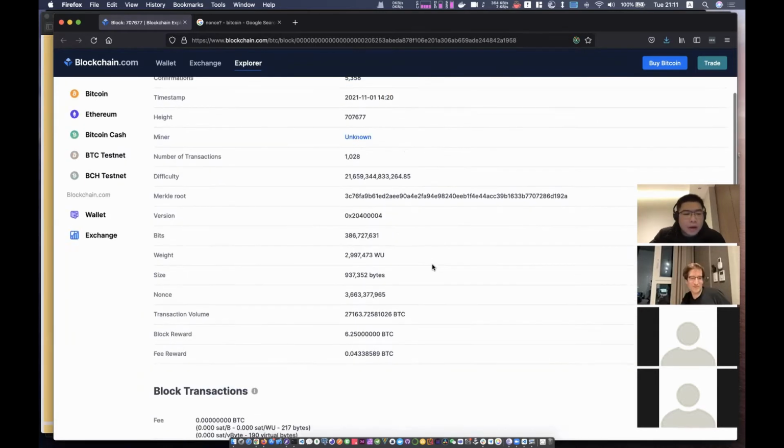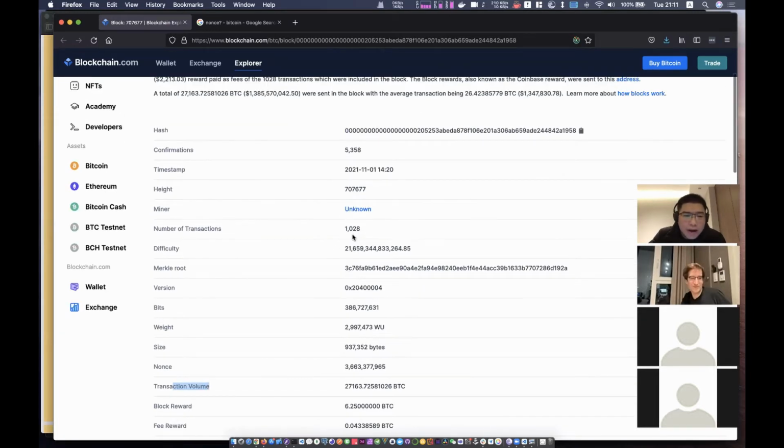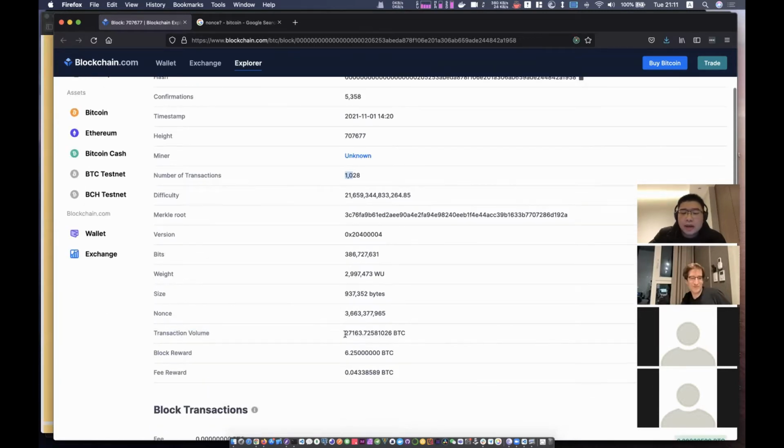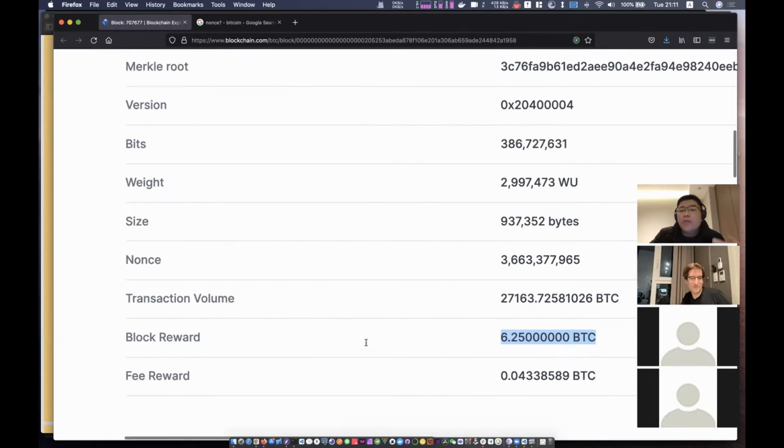Next, we take a look at the transaction volume. The number of transactions in this block is around 1,000, and the volume of transactions is around 27,000 BTC. The block reward is what the miner gets when they find the nonce and can create a hash for this block.